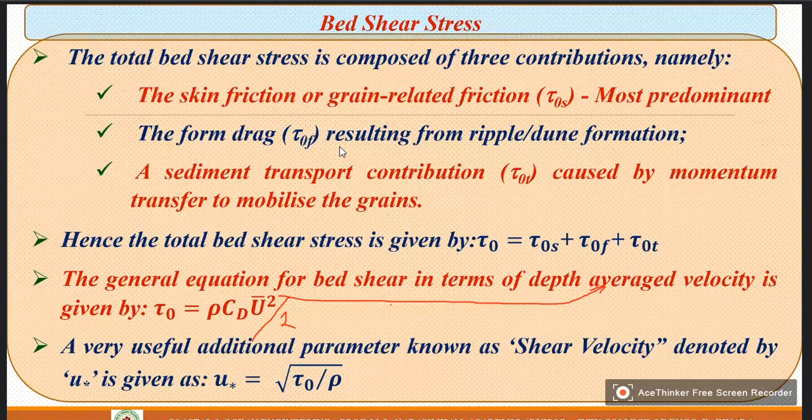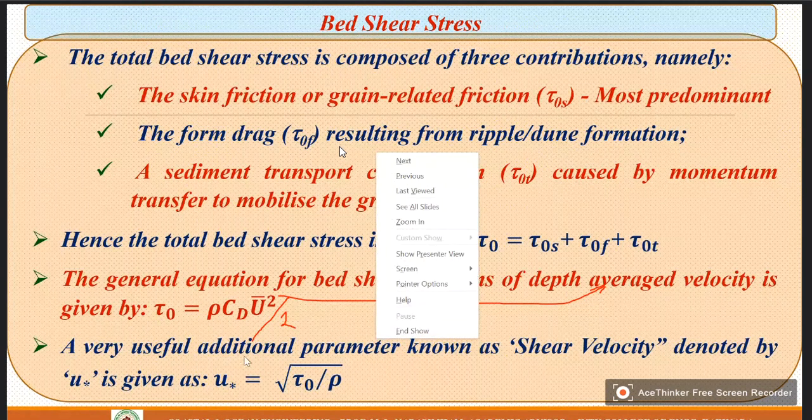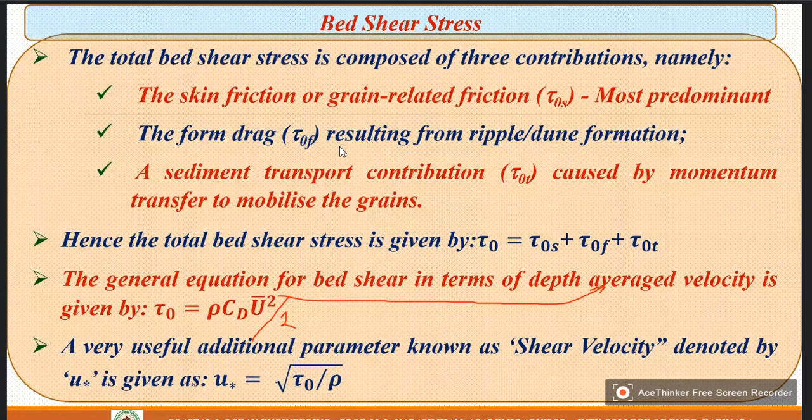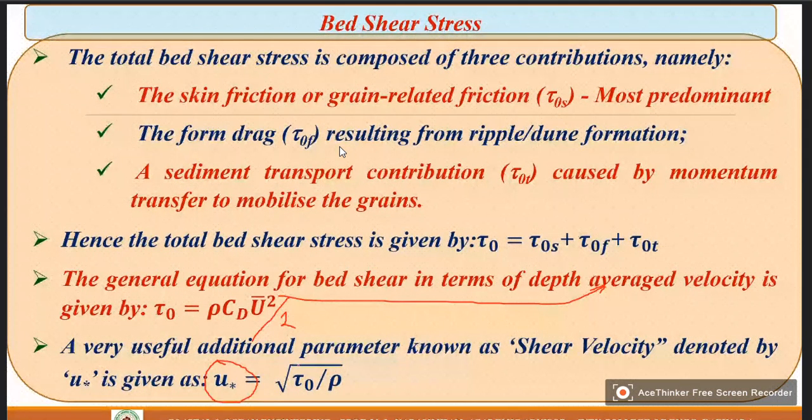Now you know already that we can express the shear velocity as square root of tau naught by rho.